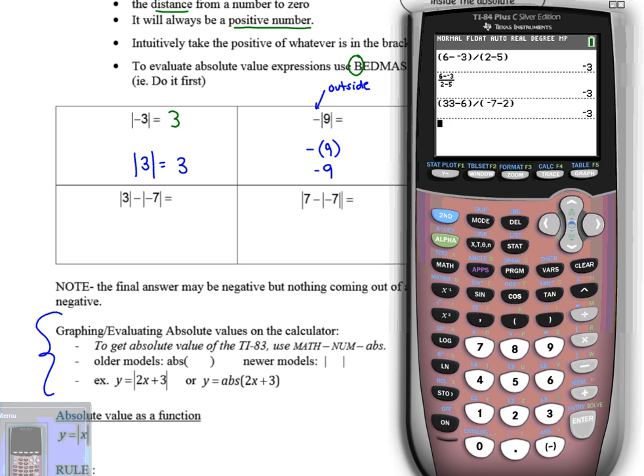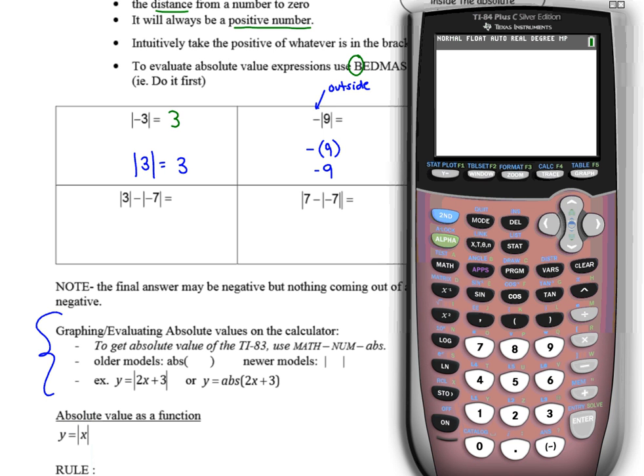Okay, so clear. The easiest way is push your math button, and right arrow over to number, and it's the very first one, which is absolute value. Depending on your calculator, if you have a newer calculator, it'll actually give you those vertical lines.